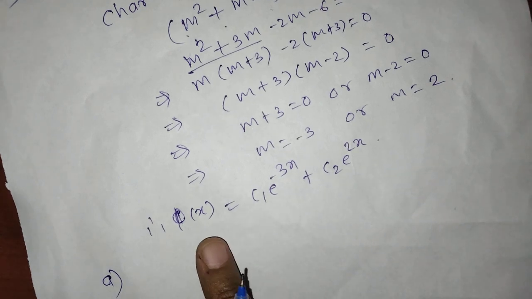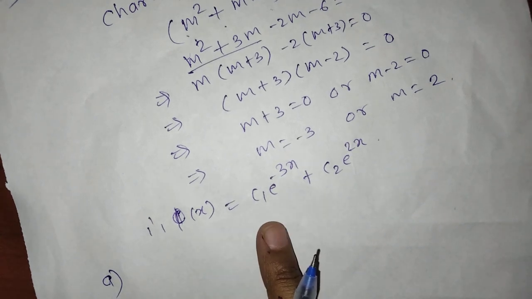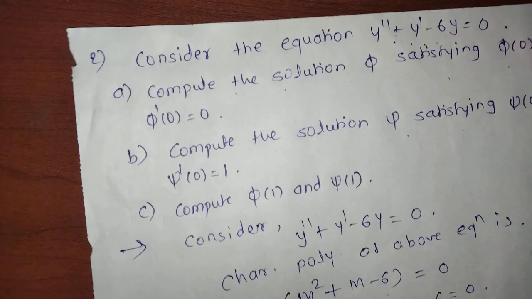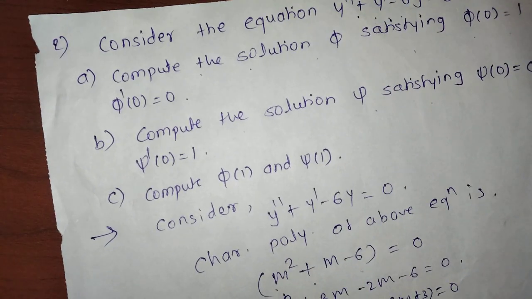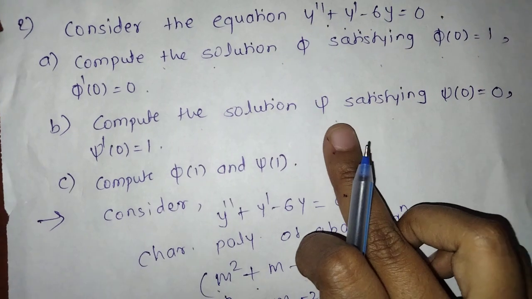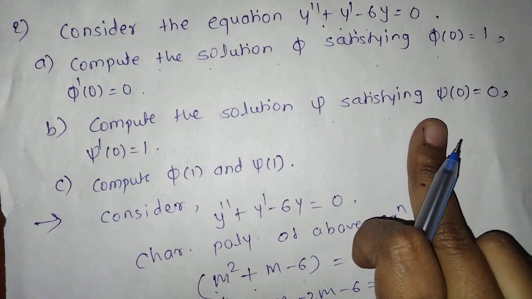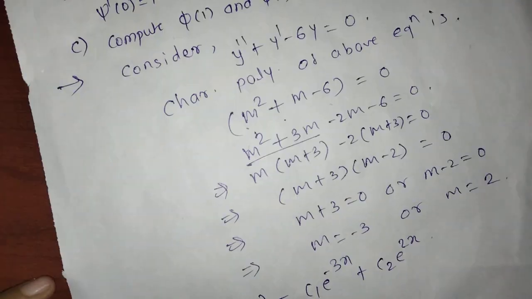For the second, we take psi(x) = c1 e^(-3x) + c2 e^(2x), and then calculate the values of the constants and put them in that equation. Then you can get the solution psi satisfying psi(0) = 0 and psi'(0) = 1. And next, compute phi(1) and psi(1).